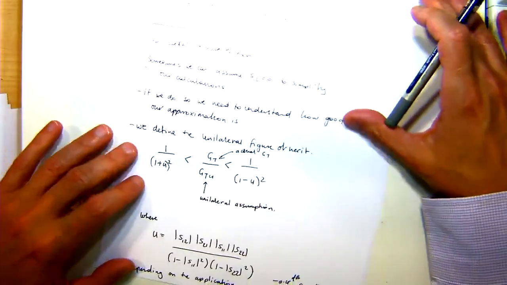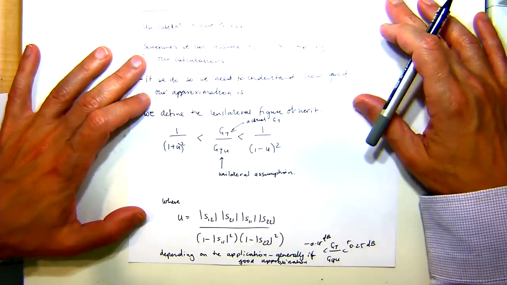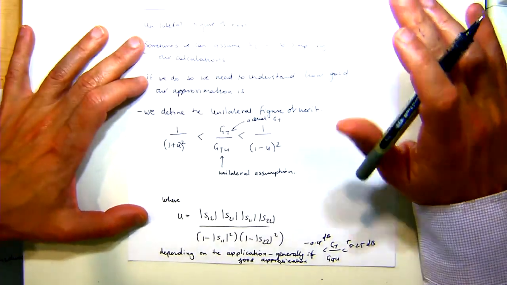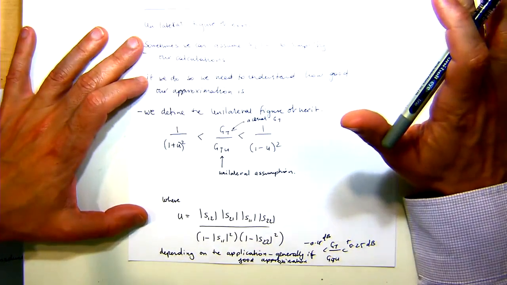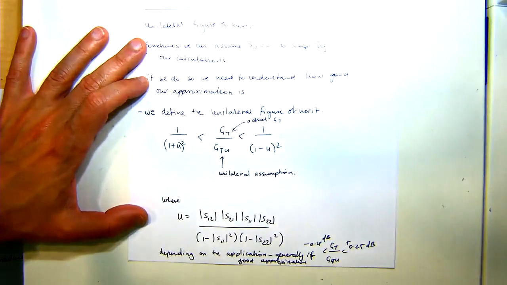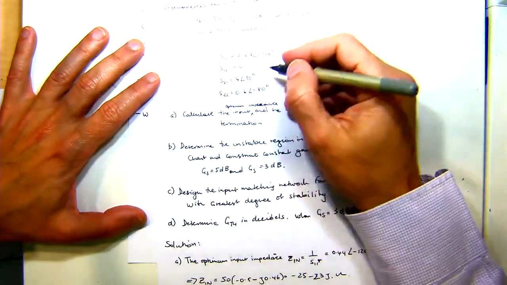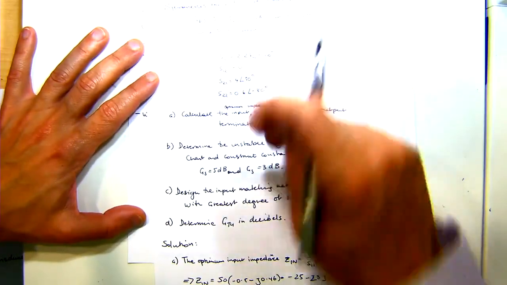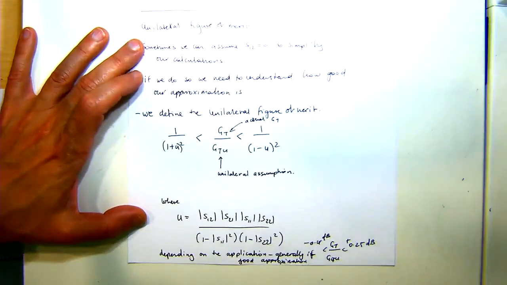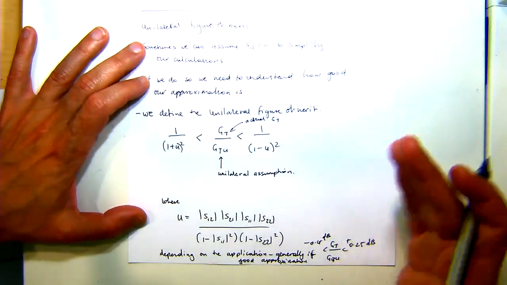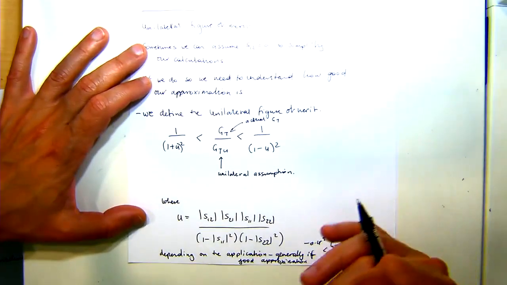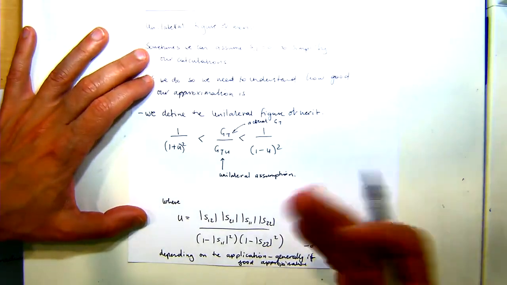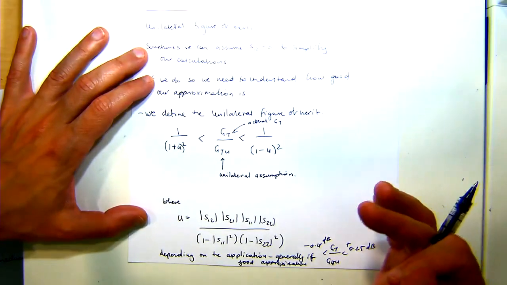Now, when we were describing all of this, I made an assumption, right? In this particular case it's a valid assumption because S12 is equal to 0. But as I said, in a lot of real transistors, the reverse isolation is not infinity.